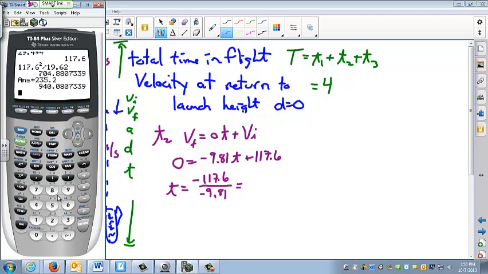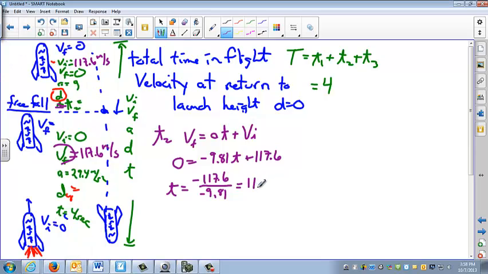Pull up our calculator. Do 117.6 divided by 9.81 gives us a total time on the way up of 11.99 seconds, for the time when the rocket stops accelerating until it reaches its maximum height.